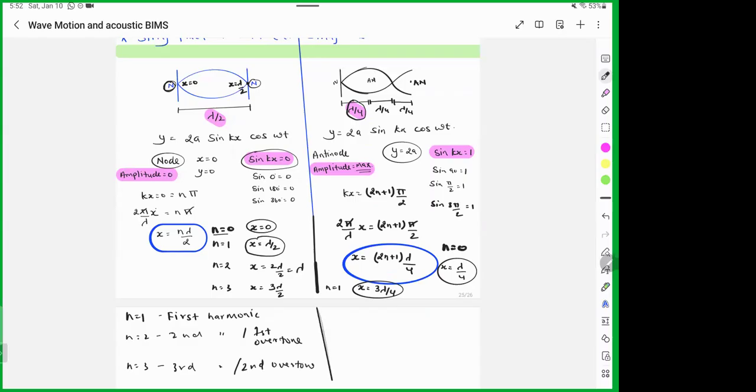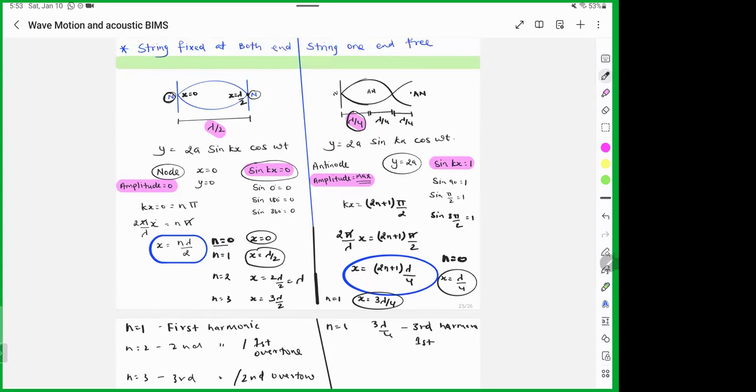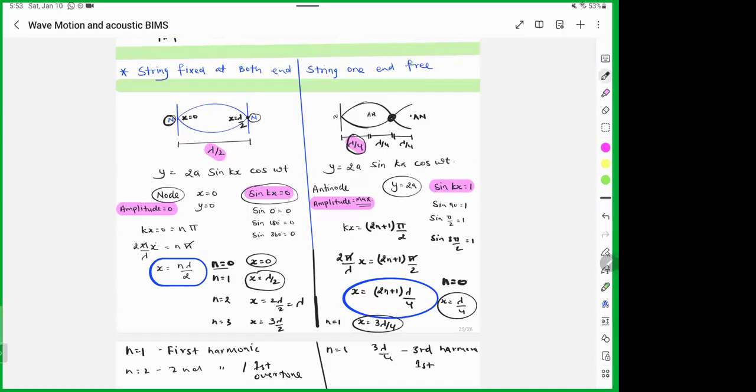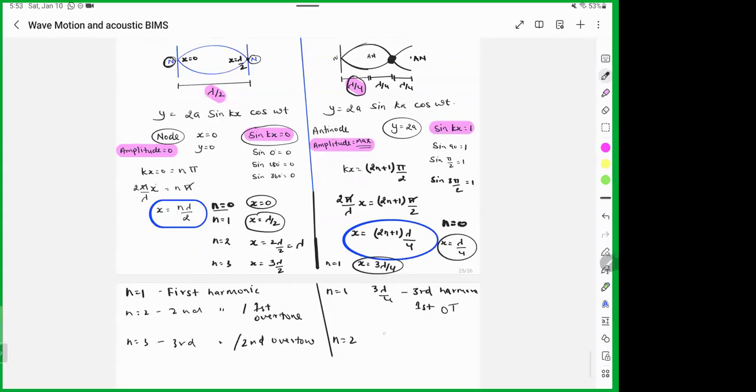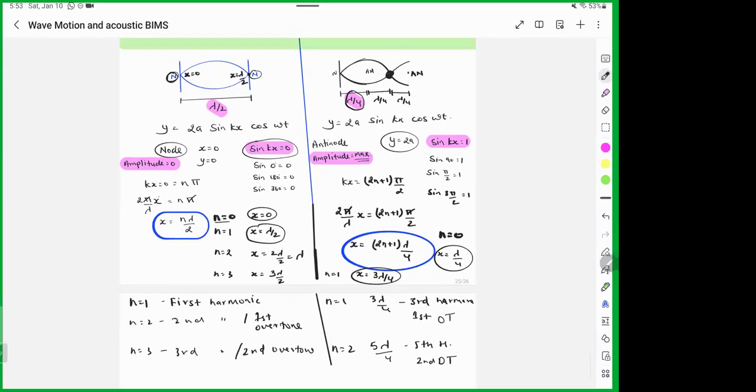But if you compare here, if your n value is 1, you have 3 lambda by 4. It will be third harmonic directly. Third harmonic or first overtone. Because first node will be formed here, the bigger structure. If you take n value 2, it will be 5 lambda by 4. So fifth harmonic or second overtone. Something like that. Compare.